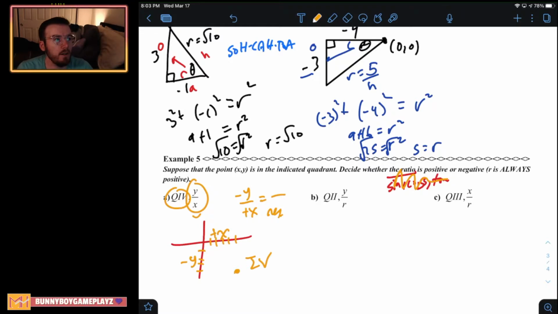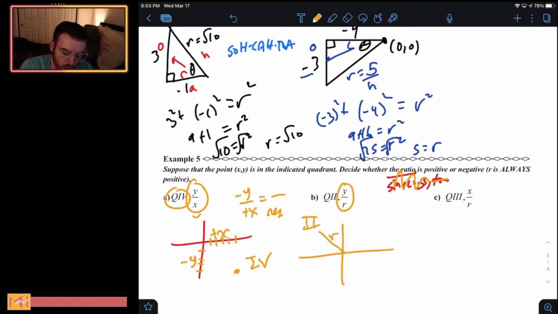It's important to note how these fractions are going to reduce and whether the negatives are going to cancel or not. If we're in quadrant 2 and it's y over r, notice that every single time, r is always positive. R is always a positive distance.